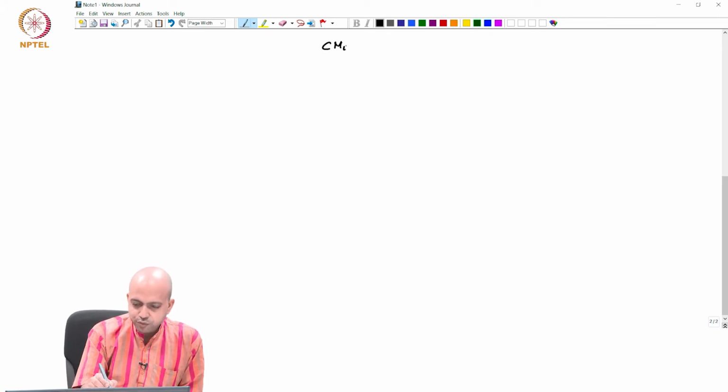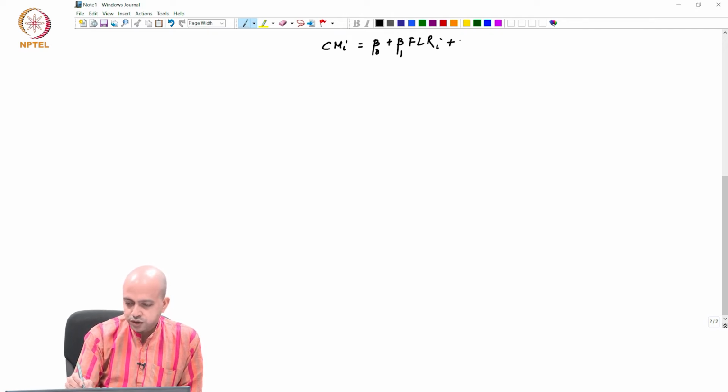So, from the complete model, beta 0 plus beta 1 FLR plus beta 2 PGNP plus U, we will try to get the R square and we will call it R square 1.